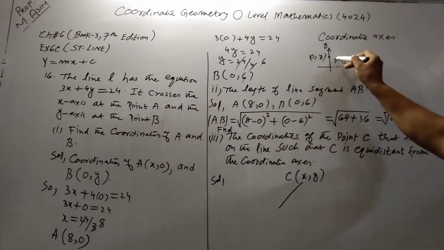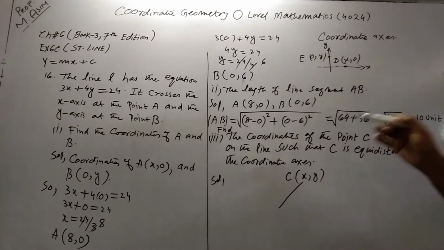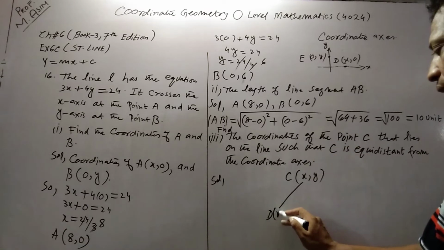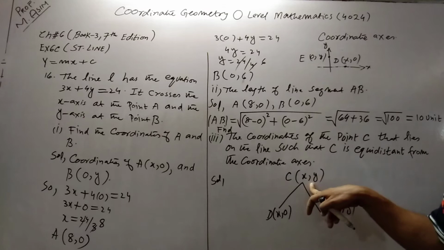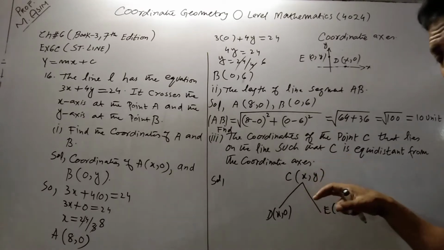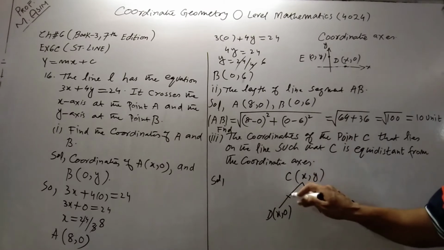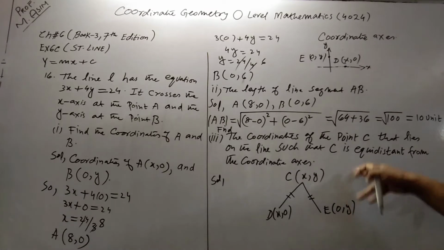So if I assign this is D and this is E, we can say D is x, 0 and E is 0, y. So according to question, this coordinate of C which I assign x, y is equidistant. Equidistance means the distance from CD is same as the distance from CE. This is the second condition.